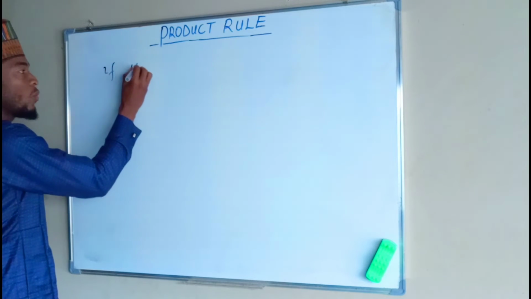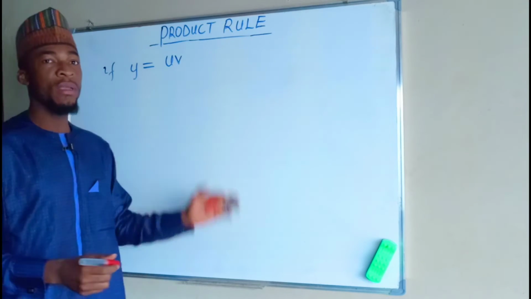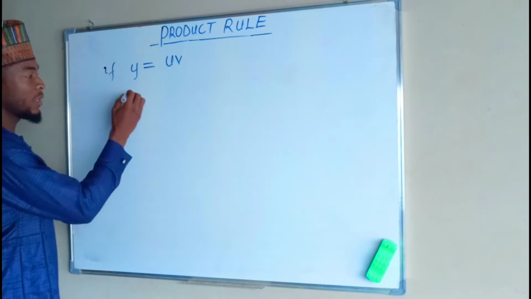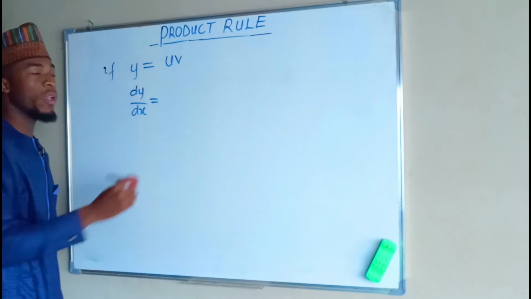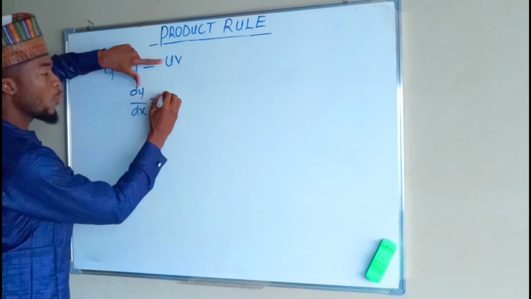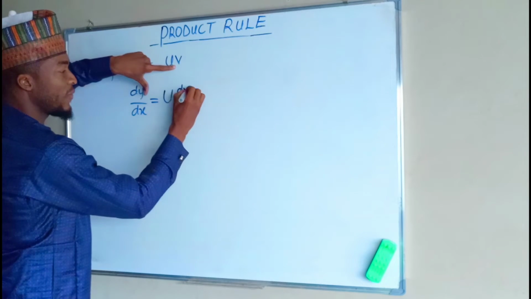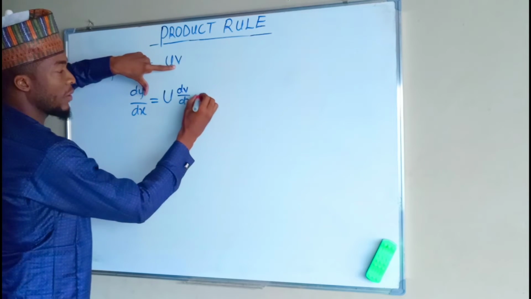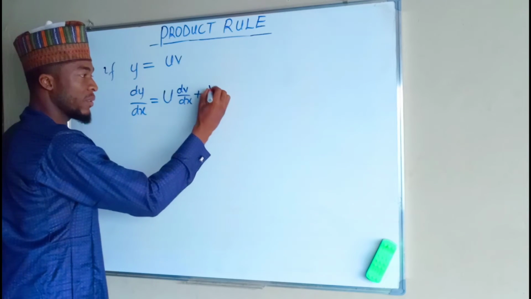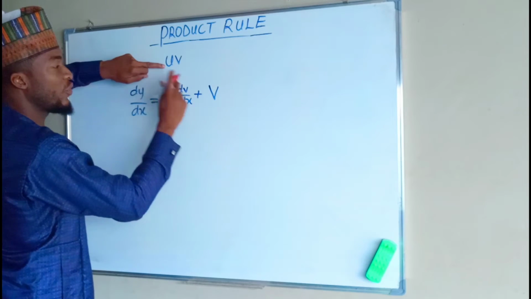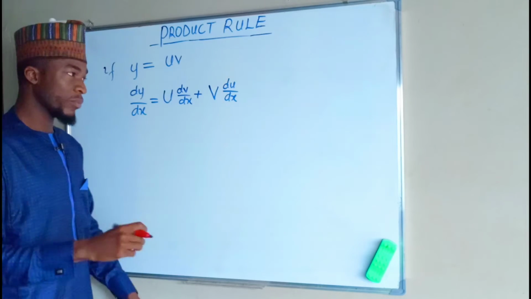If y equals u times v, where u and v are functions of x, dy/dx will be equal to: keep u constant, differentiate v, dv over dx, plus keep v constant, then differentiate u, du over dx.